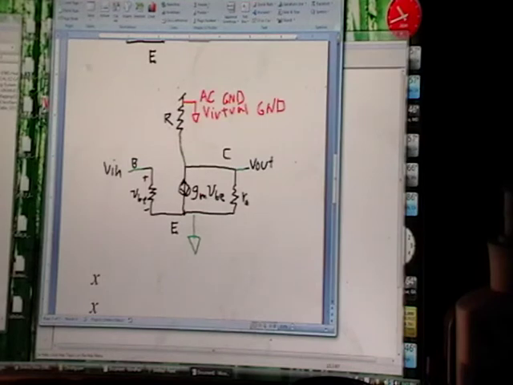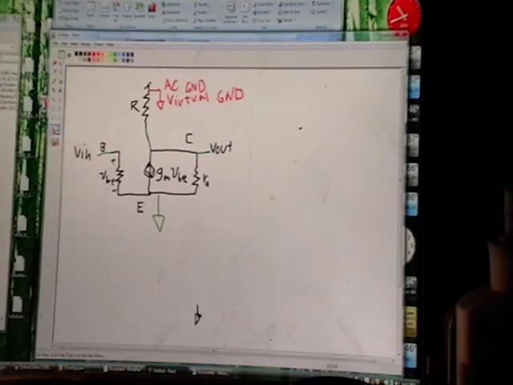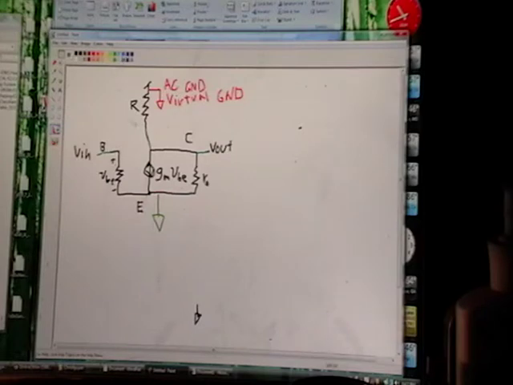So we can get rid of this, I'll go over here, we can pick a new color. We can get rid of this, and we can put that in parallel over here.